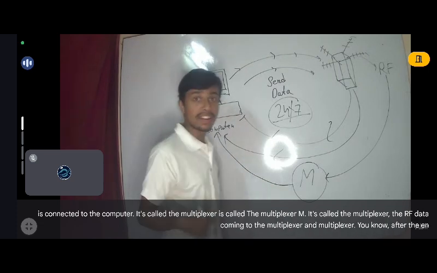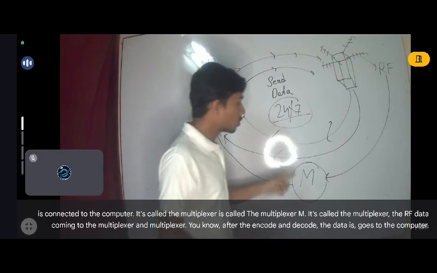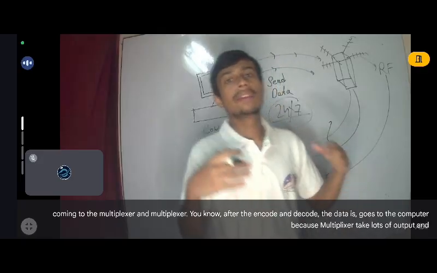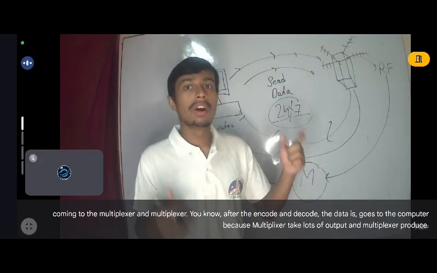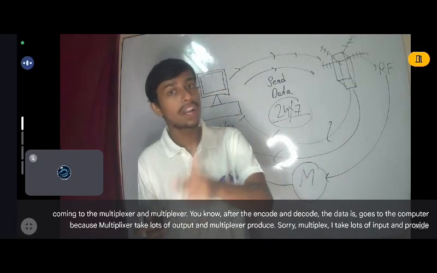After encoding and decoding, the data goes to the computer, because the multiplexer takes lots of inputs and provides one output.